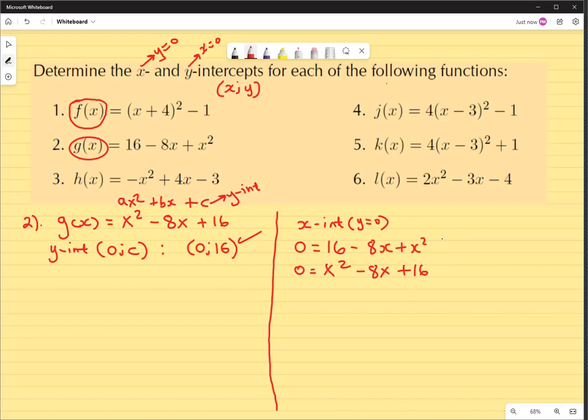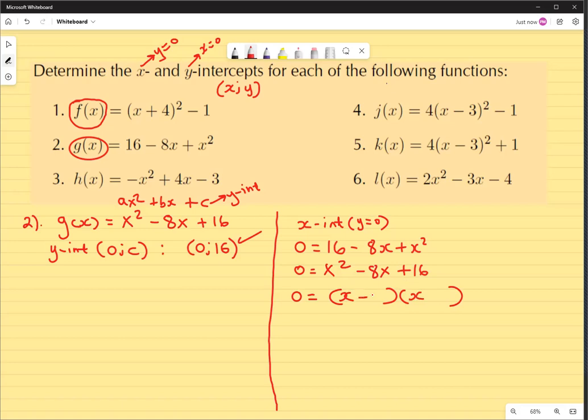And then from there, we're going to use the quadratic formula. Or we can just do this because I can see that this is basically a rational trinomial, so it can be factorized, right?